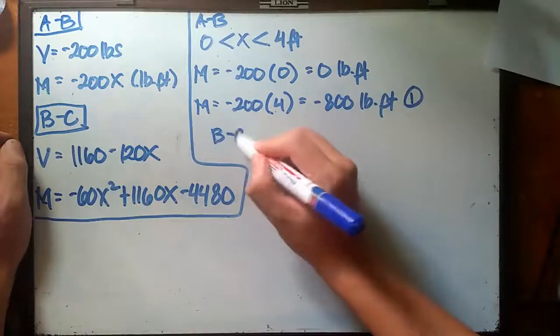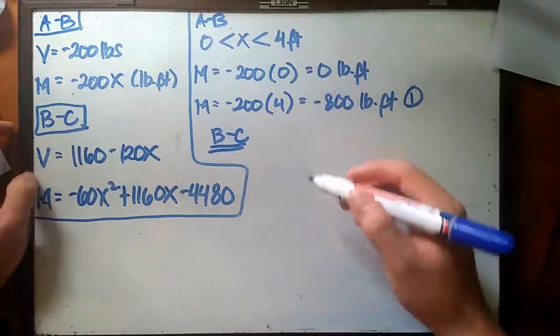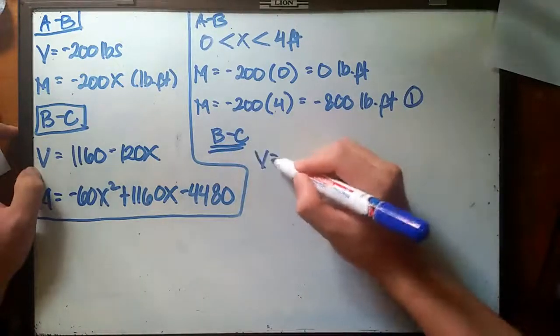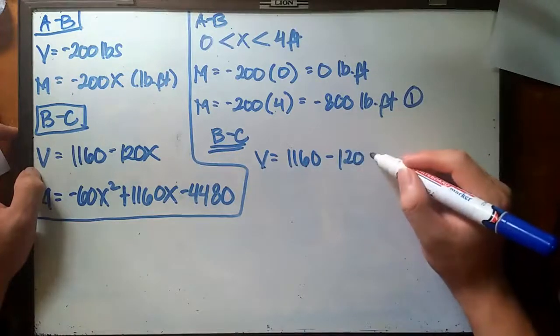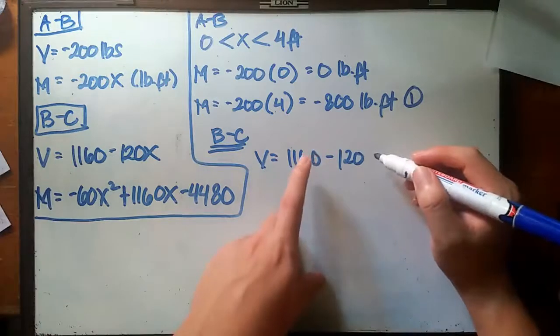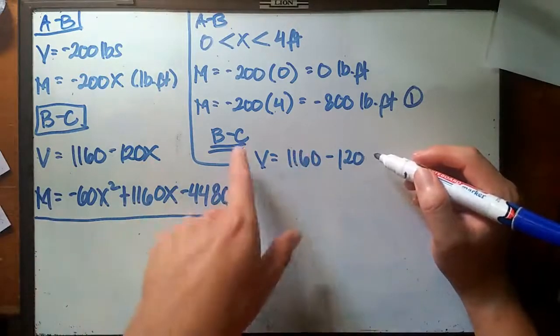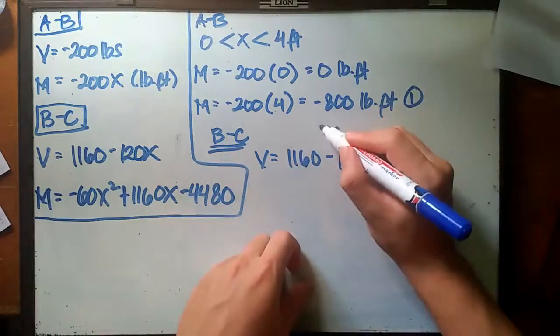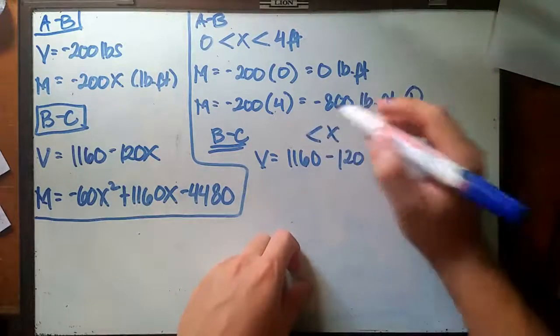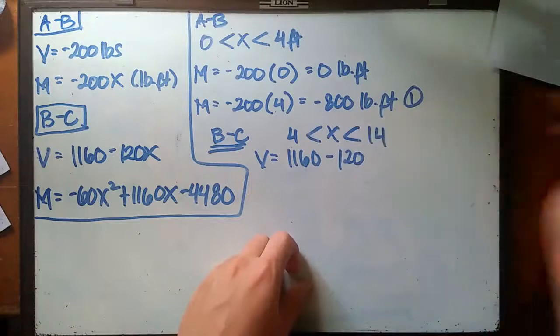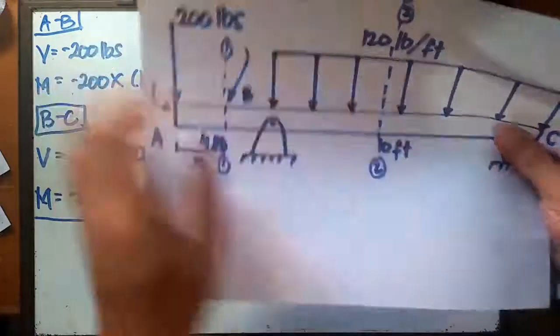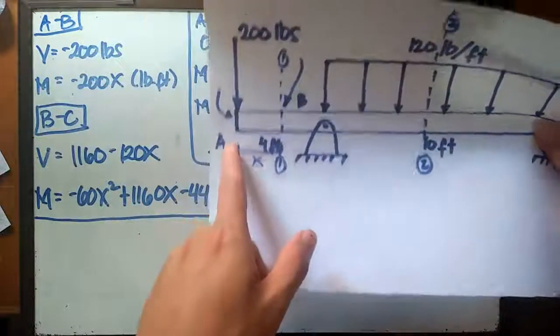Okay, B-C. Let's start here with V, 1160 minus 120x. And don't forget that the approximation for x for segment B-C should be x greater than 4 but less than 14 feet, because we are already done with segment A-B.